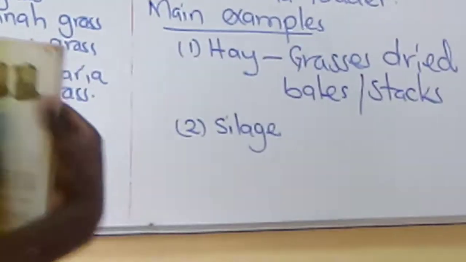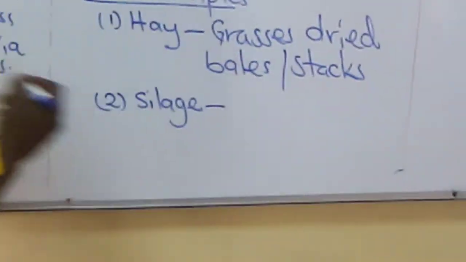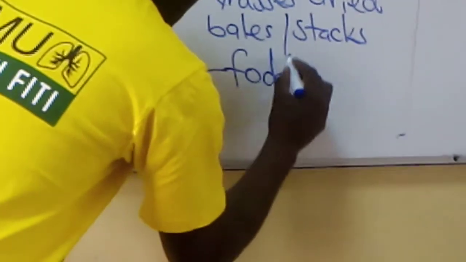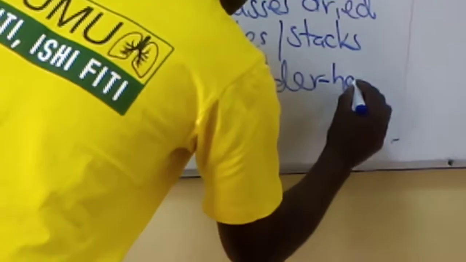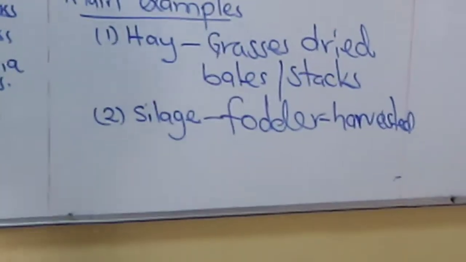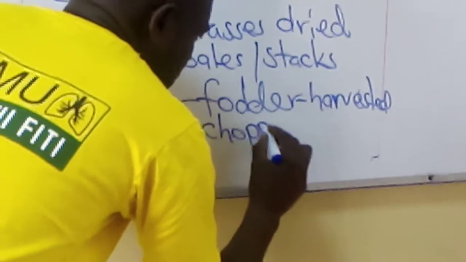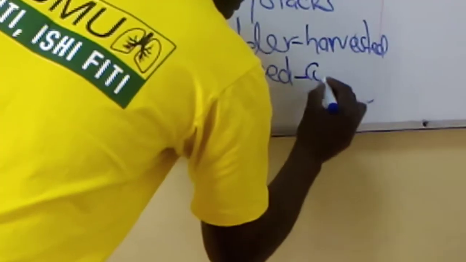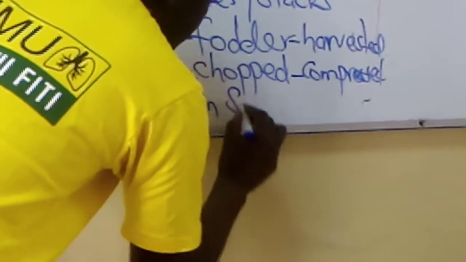Now, another example of conserved feed, the silage. Silage is mainly fodder. This fodder is harvested, then chopped. After being chopped, it is compressed in silos.